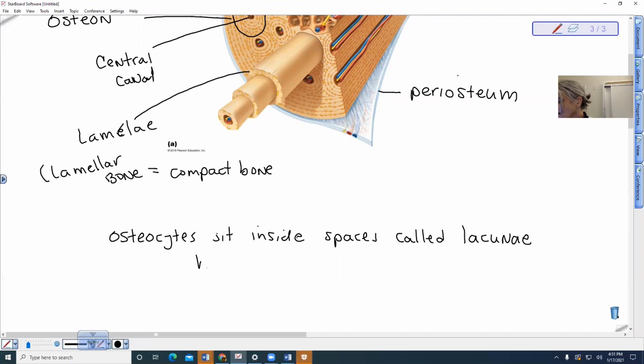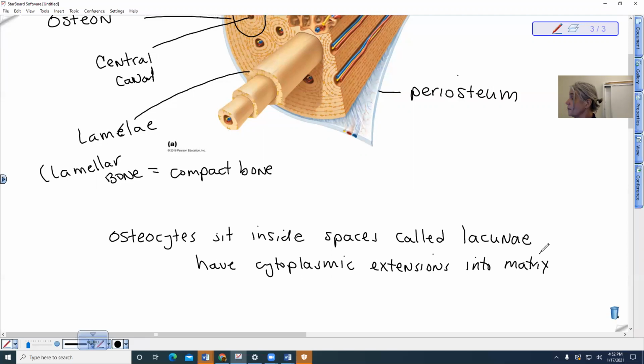So they have cytoplasmic extensions into the matrix via structures, spaces called canal, like canal, right?